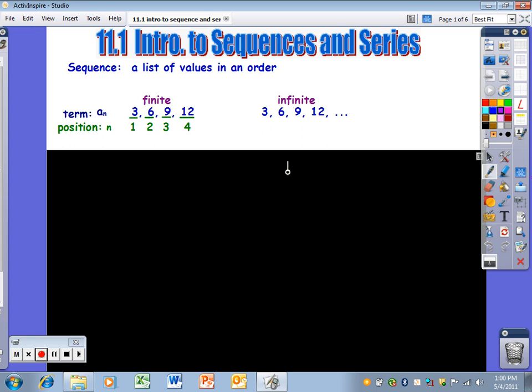Finite means there are an ending amount of terms involved. For example, the sequence 3, 6, 9, 12 has 4 total terms in it. Whereas an infinite sequence, 3, 6, 9, 12, and so on, does not stop. We cannot count to the end.